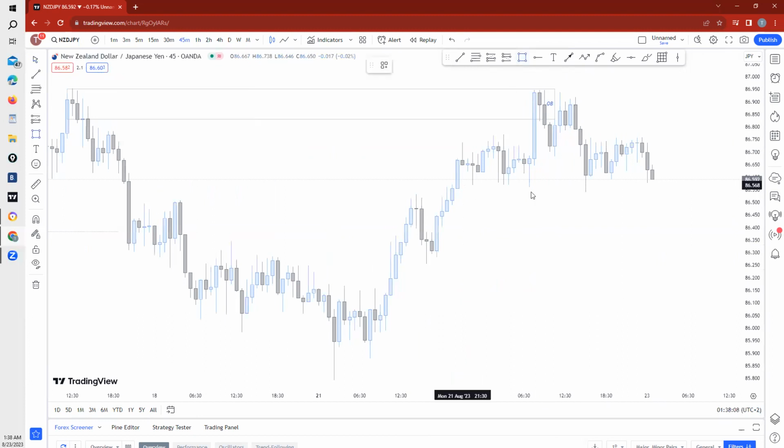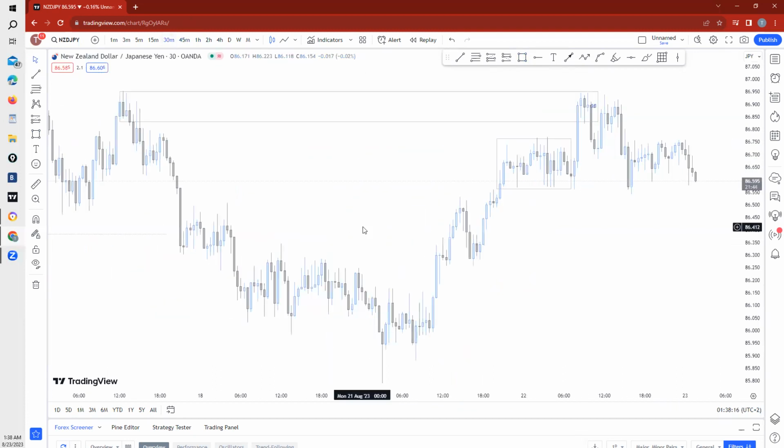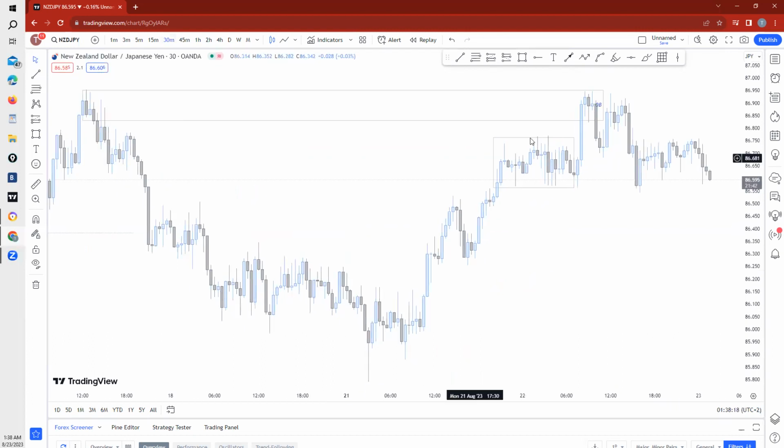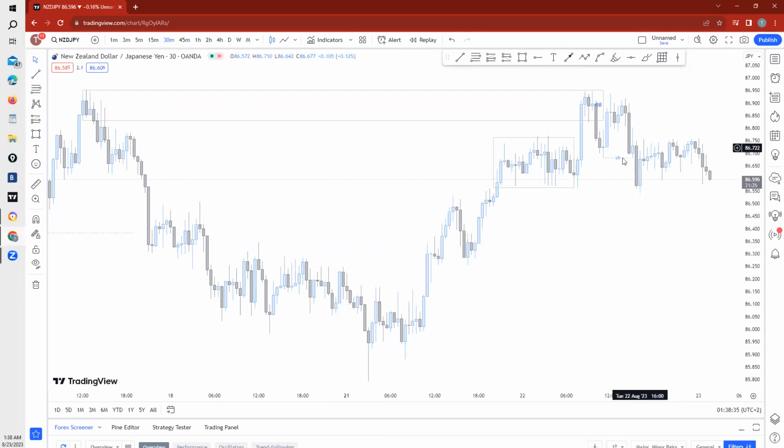And I can see that the market was busy going to the upside. It created that zone, created this consolidation, and it continued going to the upside. And I saw this change of character, as the previous low was broken.